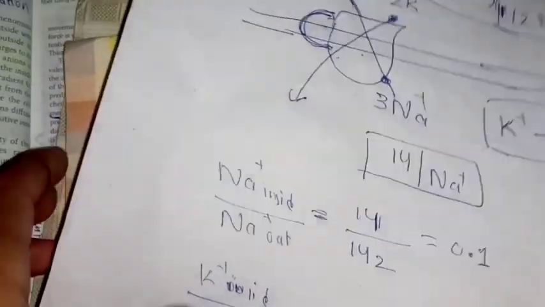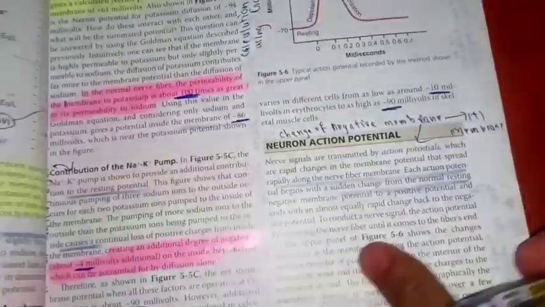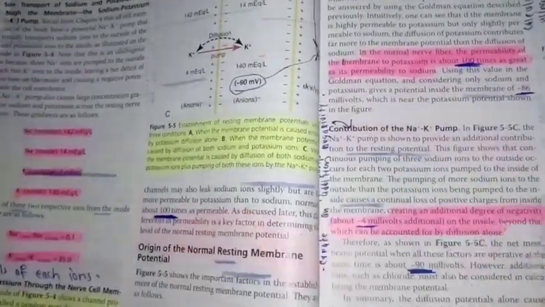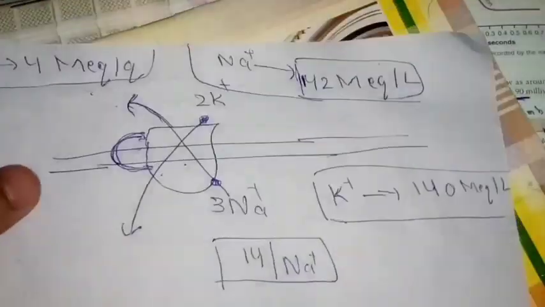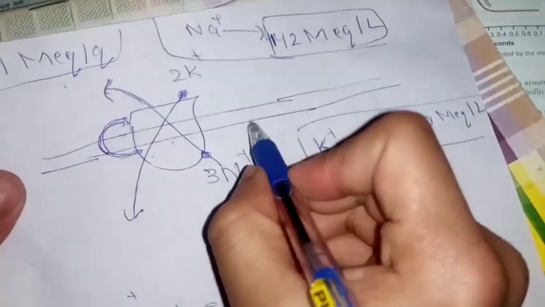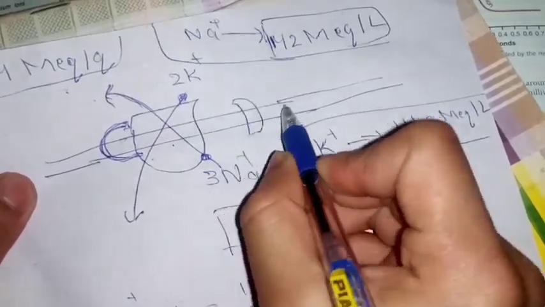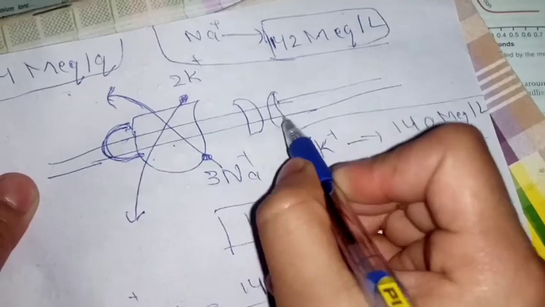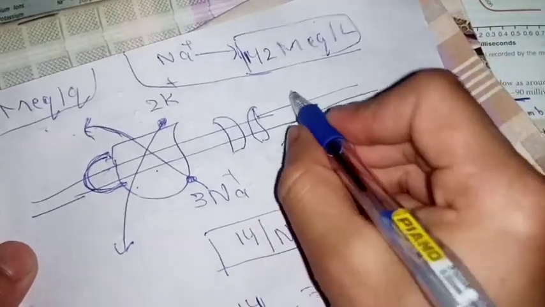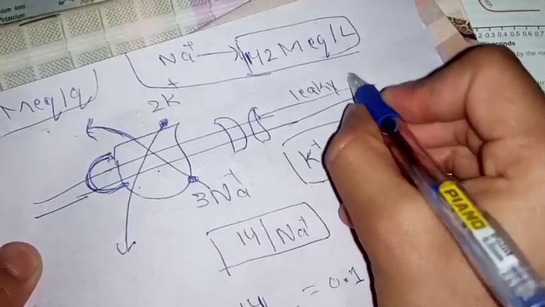Now we will discuss the leakage of potassium. Across this cell membrane is present a type of channel which is called the leaky channel. These are the leaky channels for potassium.